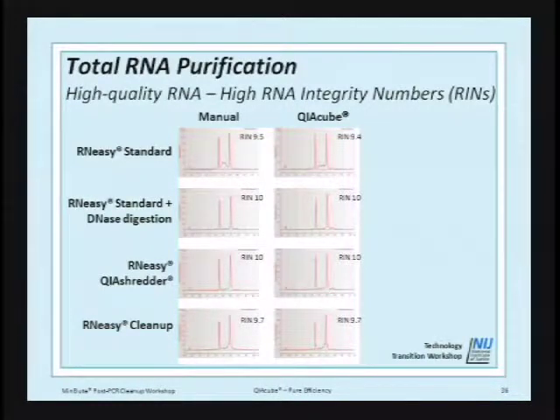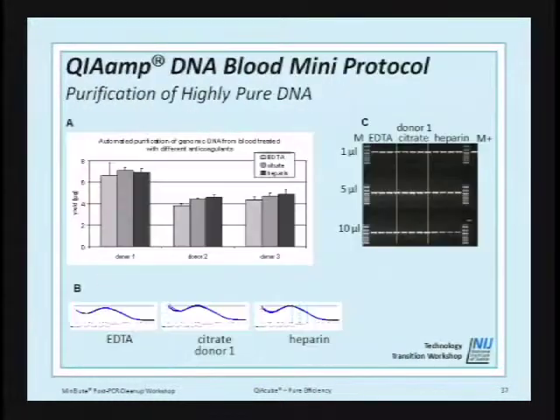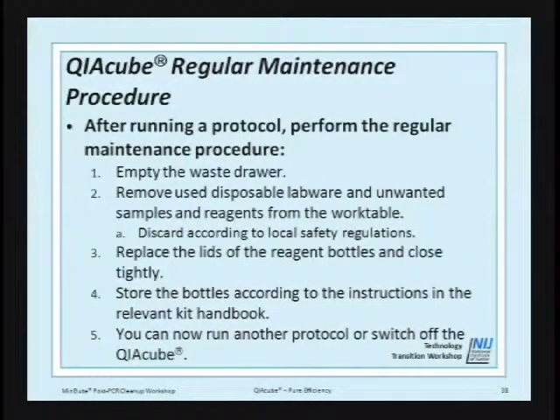This testing was done with our RNA prep kits as well. And this is using the QIAamp DNA Blood Mini protocol. Purification of highly pure DNA is seen. There are 3 donors, and you can see with the different anticoagulants added, the yield looks good.